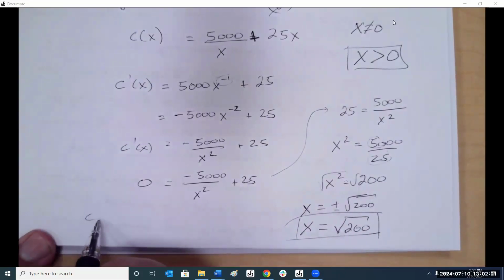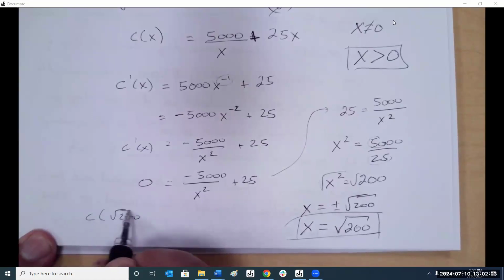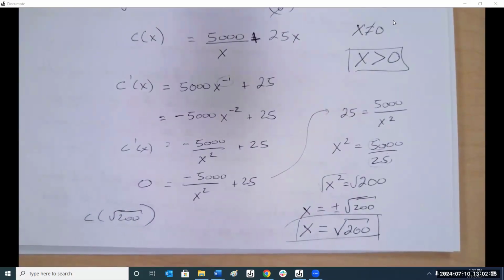We can figure out the cost using the C function. So let's look at that.